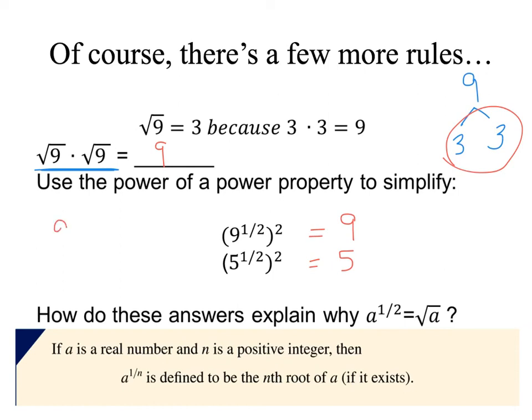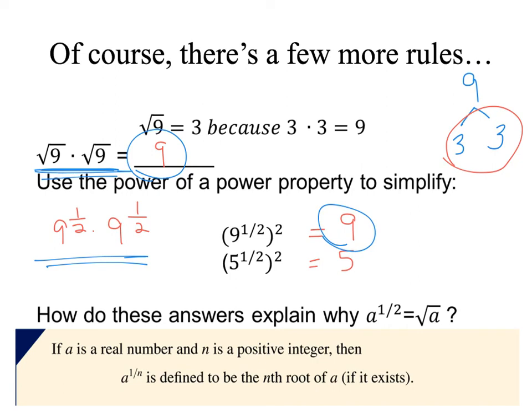So that's 9 to the 1/2 times 9 to the 1/2. Well, the only way that I can get the same answer from a problem is if these are equivalent to begin with. So something raised to a power of 1/2 is the equivalent of taking a square root.